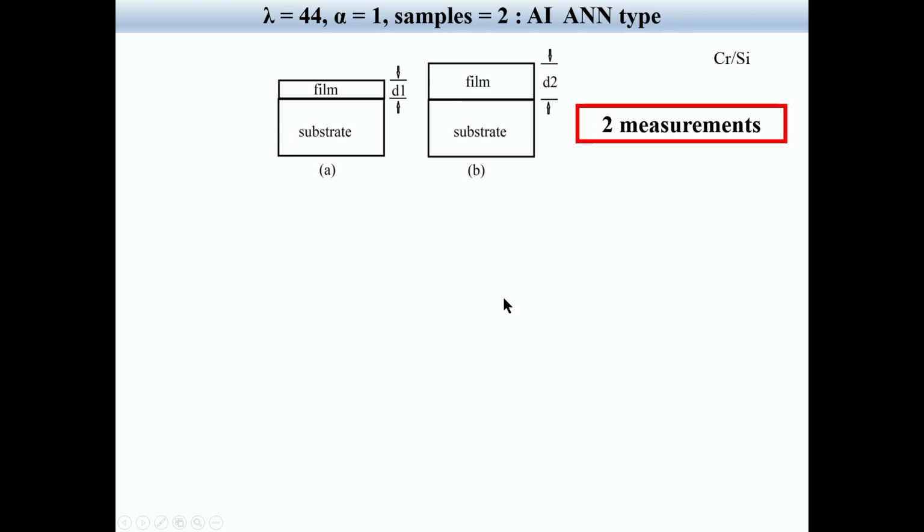Now let's get to the AI. Let's say that we have two films, two different substrate thicknesses, and with that, if we assume that the film hasn't changed, and we can check that during the process.